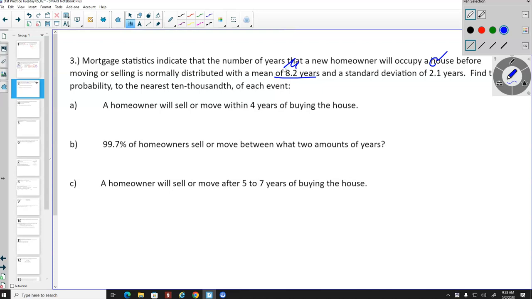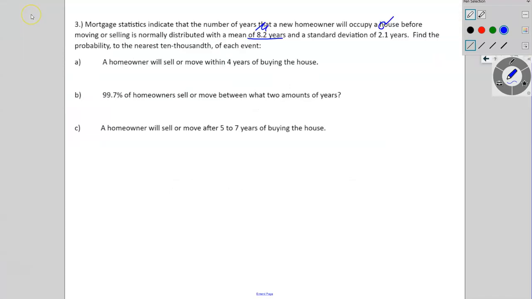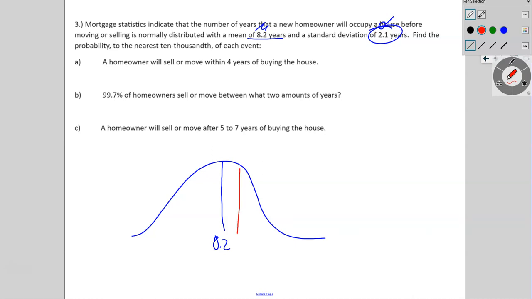So remember, we need to figure out if we need to use the empirical rule first, or are we okay using our calculator? So if I draw my empirical rule, I'm given my mean, which is 8.2, and my standard deviation is 2.1. So I'm going to add 2.1 up to 1 standard deviation.